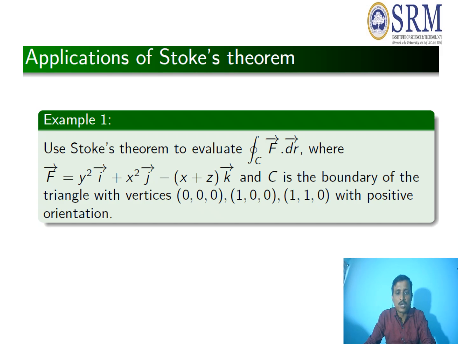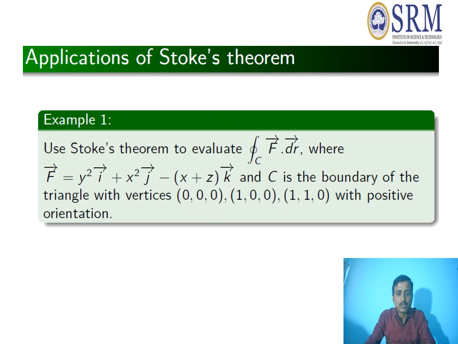In the coordinates we can see the z values are 0 in each coordinate. Z is 0 here and z is also 0 here. You can see it clearly: z is 0, z 0 and z 0. So that means basically a triangle on the xy plane. This is given in the line integration form. We are going to convert it to the surface integration by using Stokes theorem, and we will evaluate that surface integration.